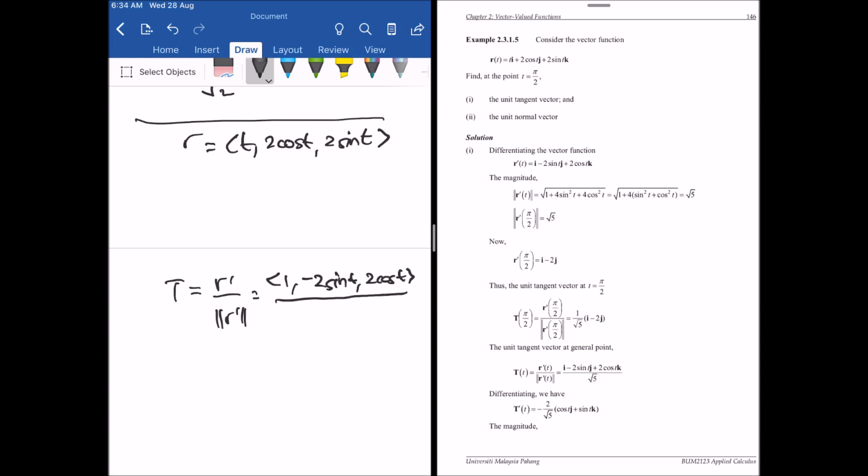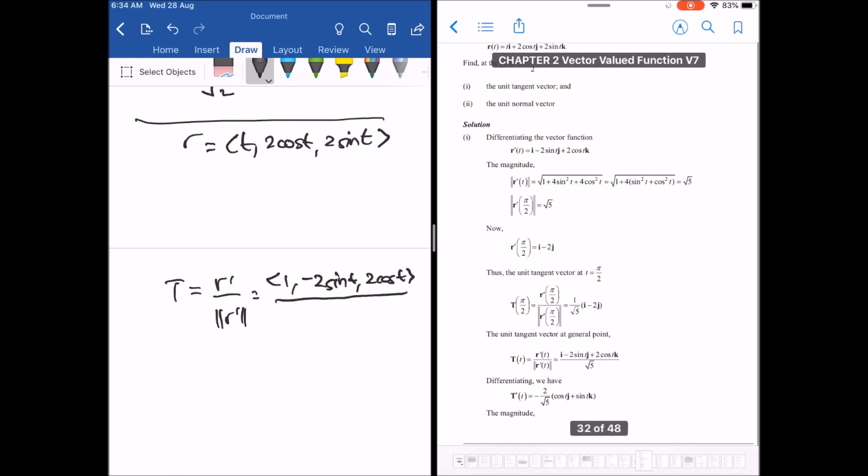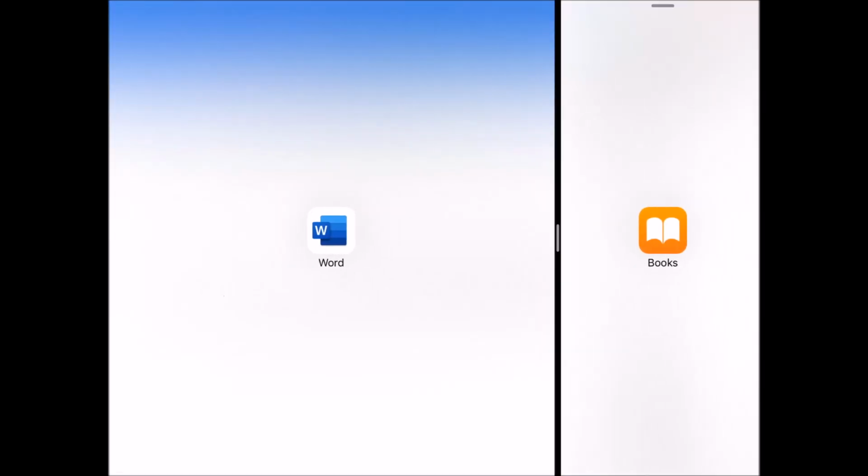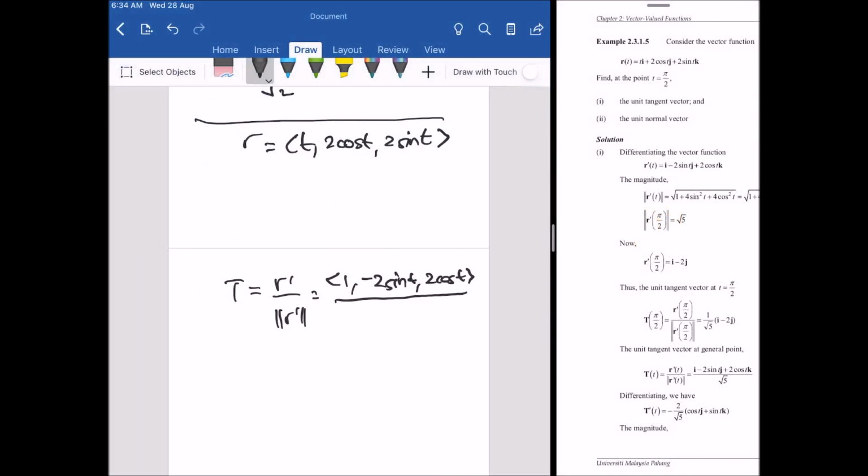So we differentiate our r, and we'll get 1, negative 2 sin t and 2 cos t. And then we find the magnitude: 1 squared plus negative 2 sin t squared plus 2 cos t squared, to the power of 1 over 2.